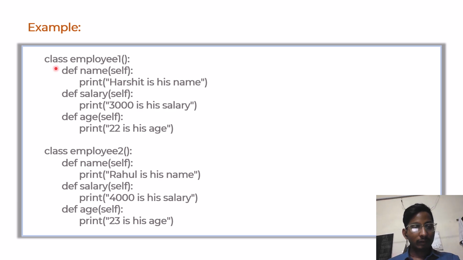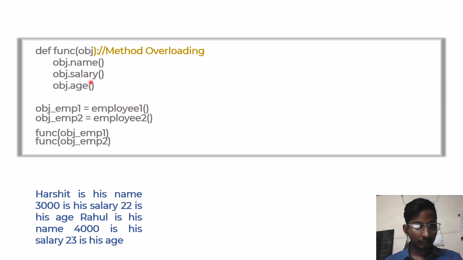You can see, first of all, we create a class. In this class we have three functions: name, salary, and age, and another class named employee 2, also with three functions: name, salary, and age. So this is the main concept of method overloading.